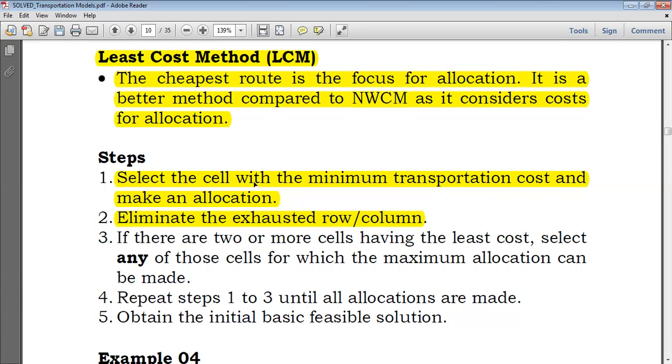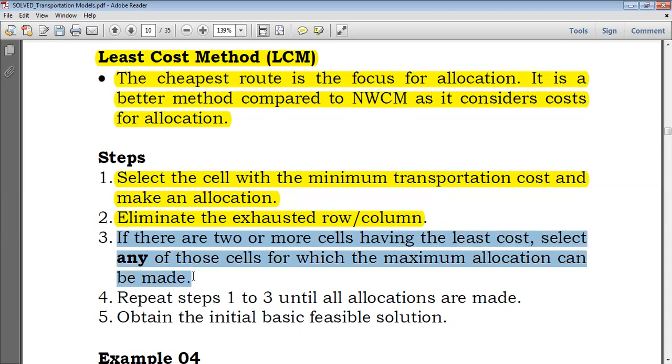Now, what if there are two or more cells with the minimum transportation cost here? If there are two or more cells having the least cost, then any of those cells for which the maximum allocation can be made should be selected.